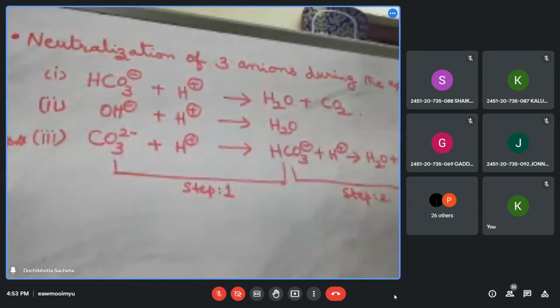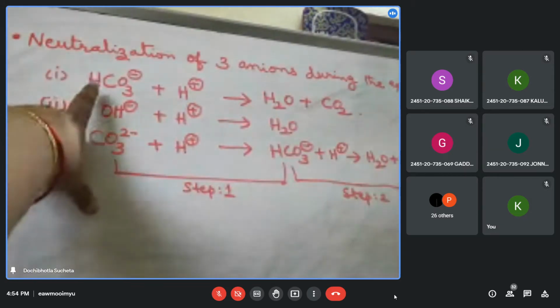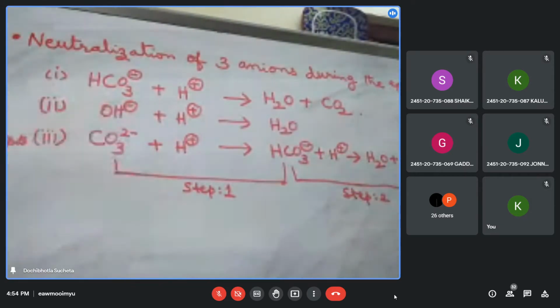So I can use methyl orange indicator. Can I use phenolphthalein indicator? No, ma'am. Why? Phenolphthalein cannot detect the presence of a weak basic ion like HCO3 minus.